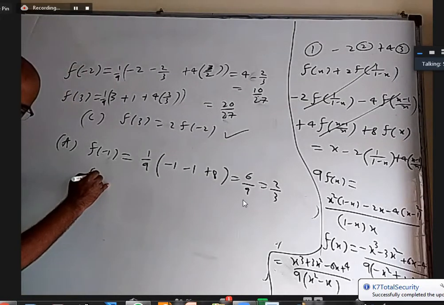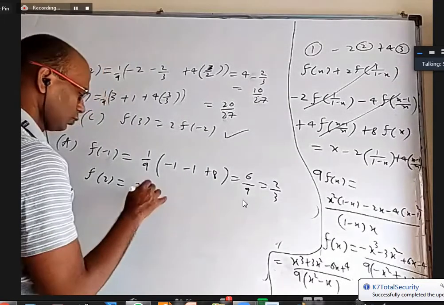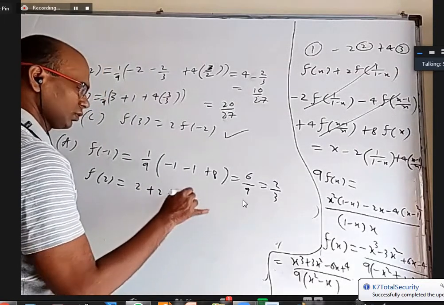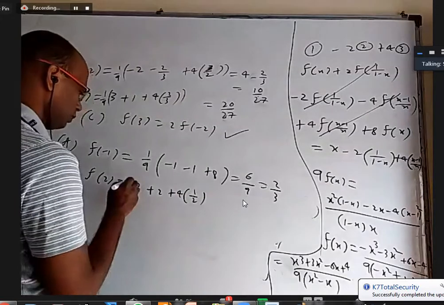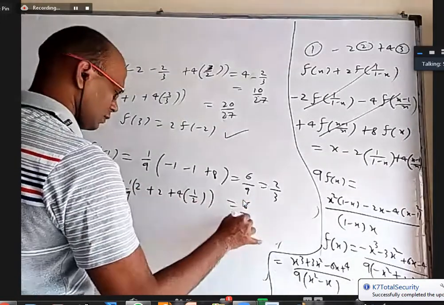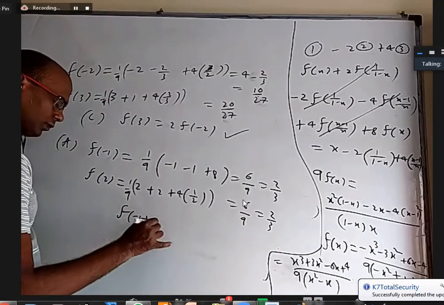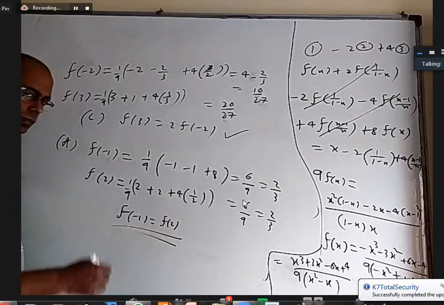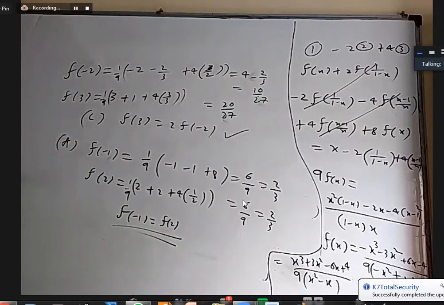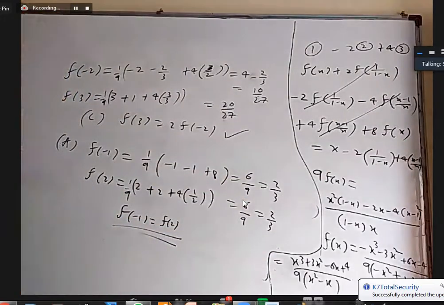And f of 2, minus 2 plus 2 plus 4 into 1 by 2, 1 by 9 times. That is also 6 by 9, also 2 by 3. So they're equal. Okay, this is secondary. You can use this or this, but finding the function is the main thing.